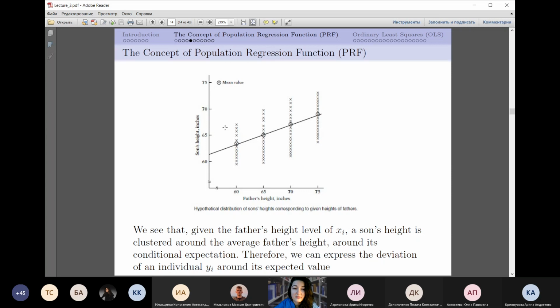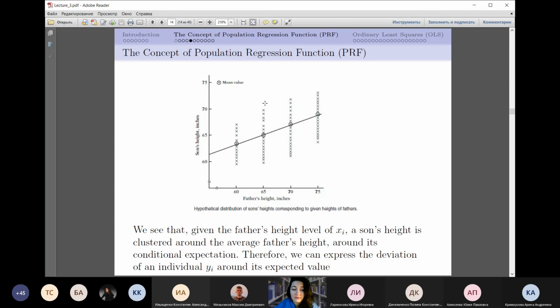We have data on the sons' height and the fathers' height. The question is, how well can we predict a child's height based on the parent's height? Our concern is predicting the mean value of the height of sons, knowing the height of the fathers.